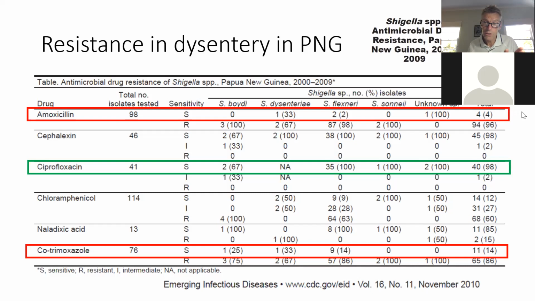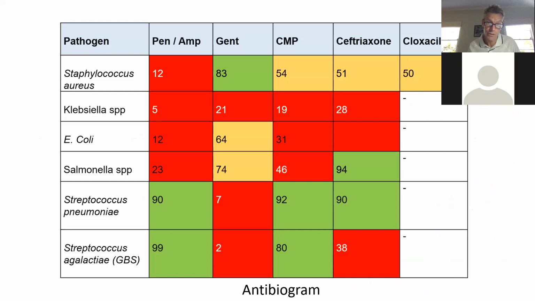So it just is important, because 25 years ago, we could have used amoxicillin or cotrimoxazole, and that would have been highly effective against most cases of dysentery. But now, of course, it's not usually effective, and we have to use ciprofloxacin. Or if a child is very unwell, of course, we use ceftriaxone. But that's the bacteria Shigella, the Shigella species that causes most of the dysentery in PNG.